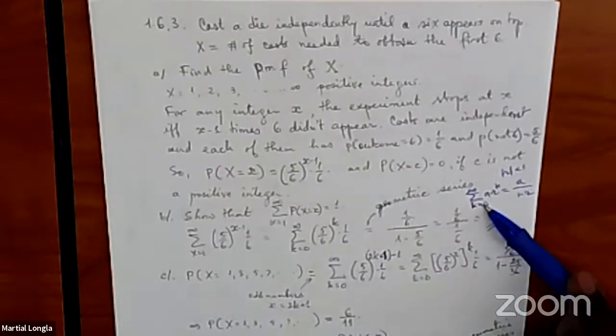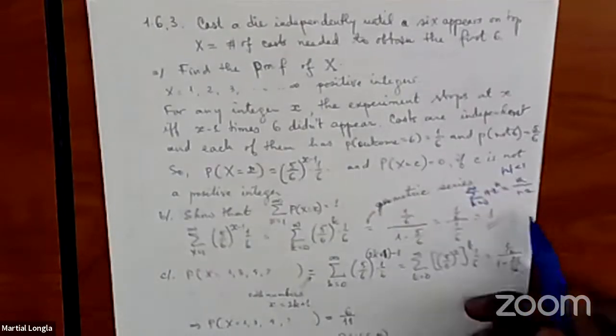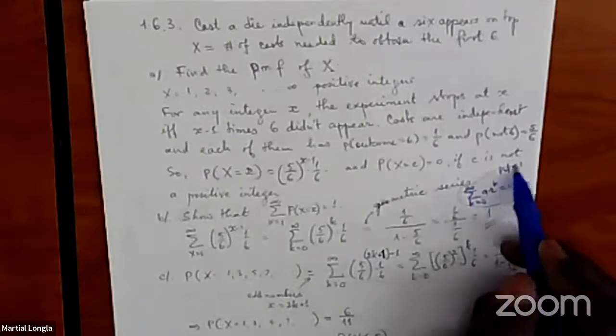And that sum starts at 0. So that's what is used there to get that answer. And so you get 1/6 over, and r is 5/6 because it's the thing that is raised to the power k. So that's 1/6 over 1 minus 5/6. So you get 1.